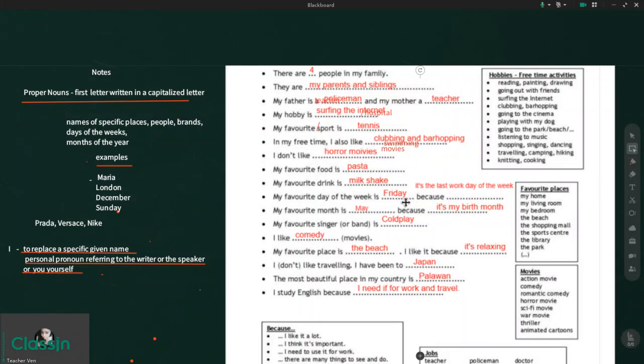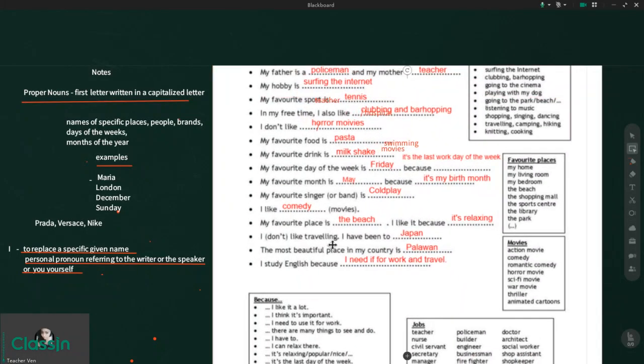So maybe fruit juices, anything that you like or your favorite, you can write it there on your personal data sheet.